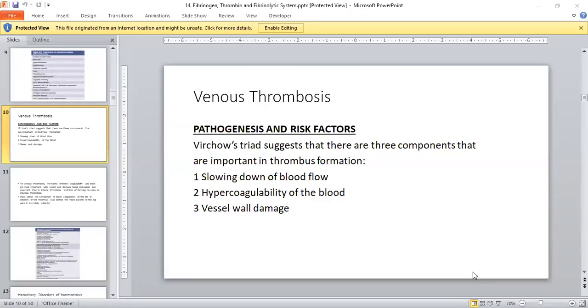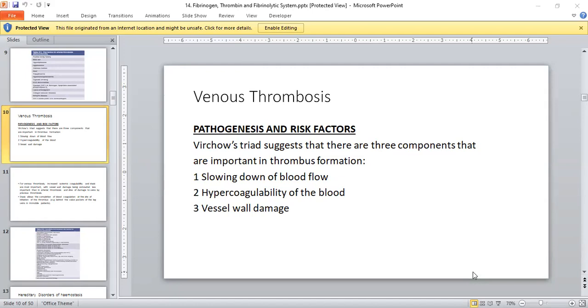So maybe I can just talk briefly about thrombosis. Thrombosis is just obstruction to blood flow. Once blood flow is obstructed, there can be problems like ischemia, which can lead to necrosis, the death of the tissues.